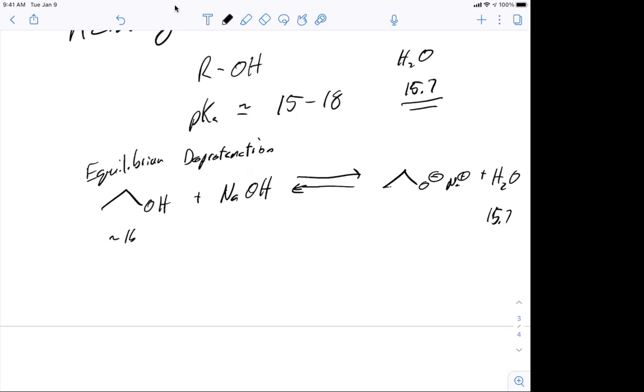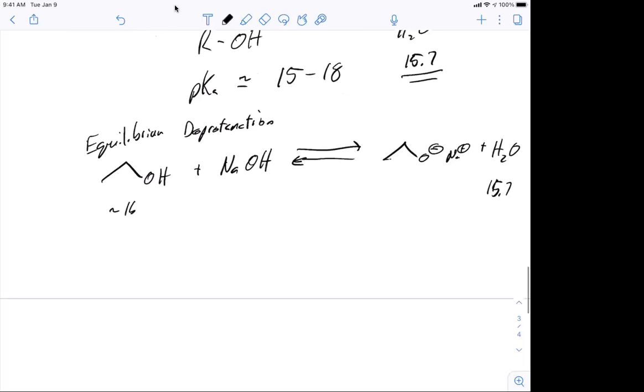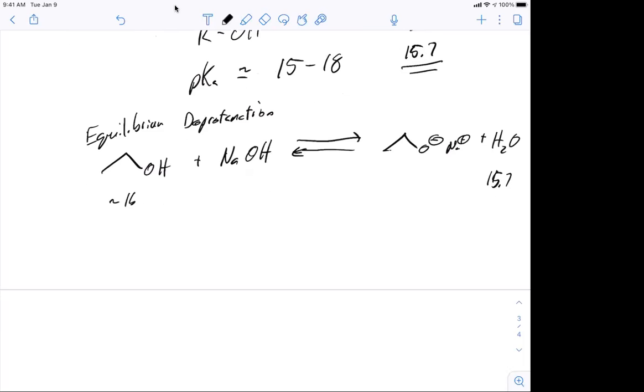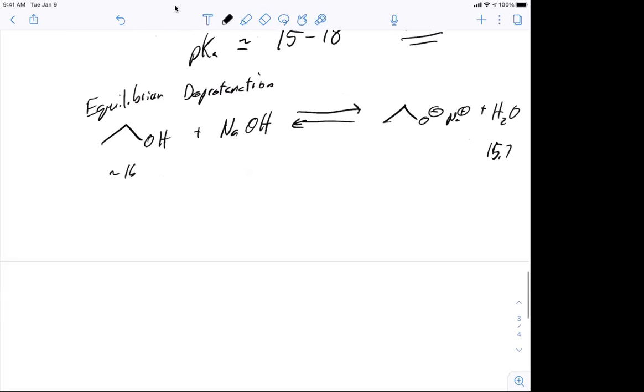So understanding the difference between quantitative and equilibrium-based deprotonations, and think about anytime you have sodium hydroxide, water, and alcohols, this is going to be an equilibrium process. And there's going to be times where the equilibrium deprotonation is desirable. You can also have what we refer to as quantitative.